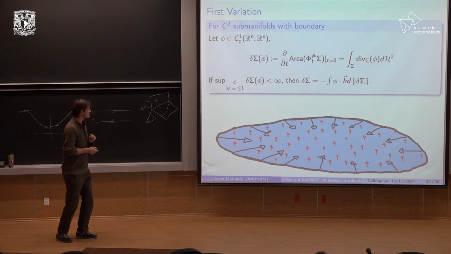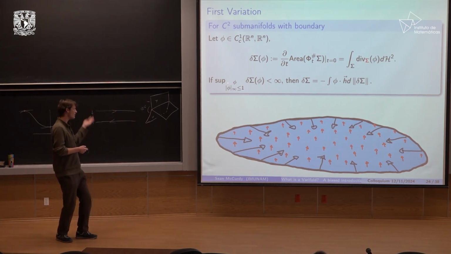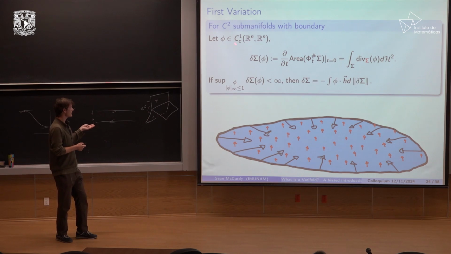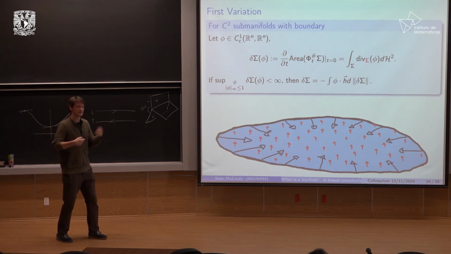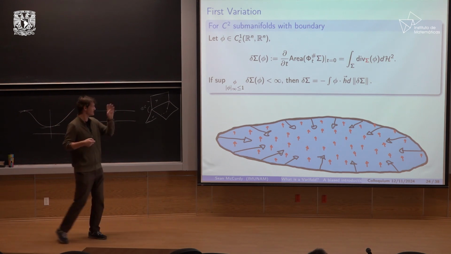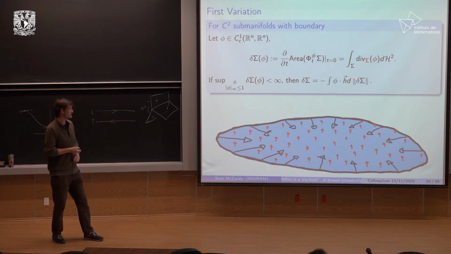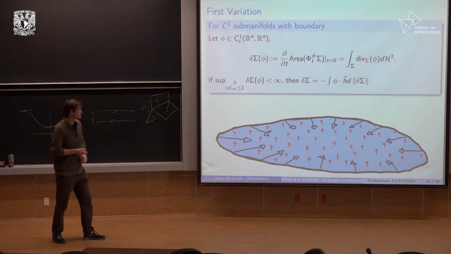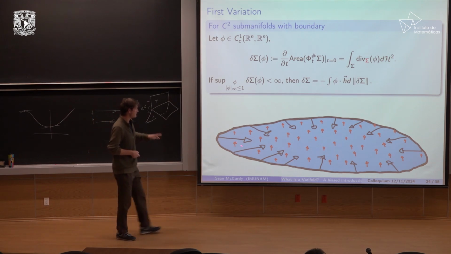And if this first variation is bounded among all possible C1 vector fields with compact support that we choose, as long as they are bounded by 1, then this is a bounded linear functional on this space by density, et cetera, et cetera. The Riesz representation theorem tells us that actually this first variation is representable by integration against a particular Radon measure. And in this picture, this Radon measure is going to have two parts to it.